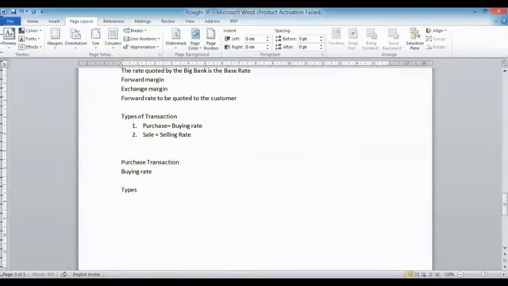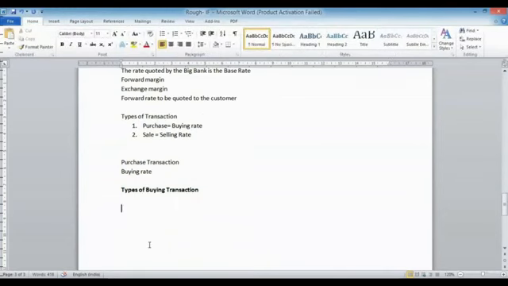Types of buying transaction. That means there will be two situations.